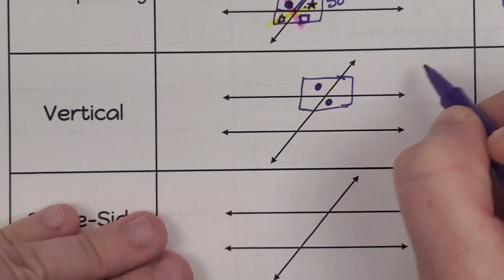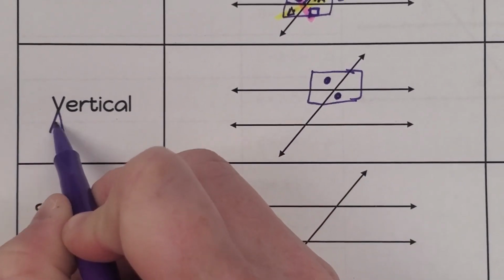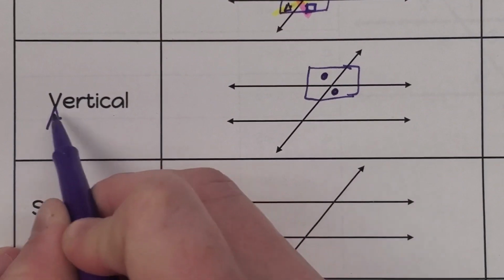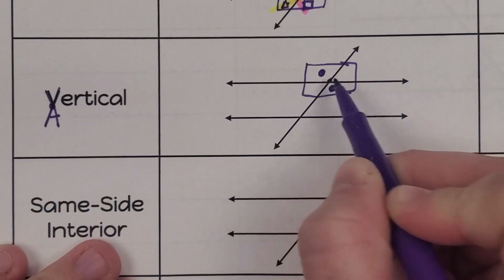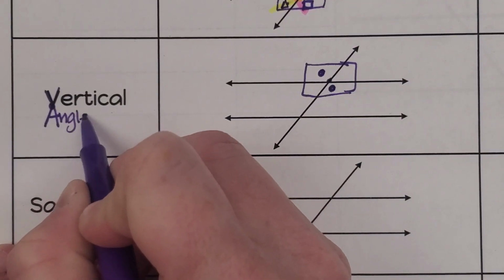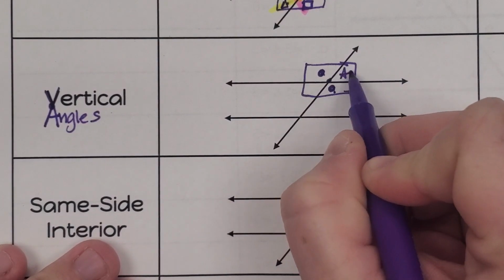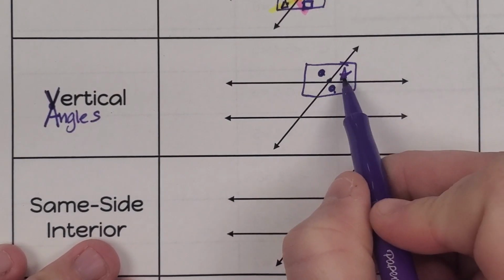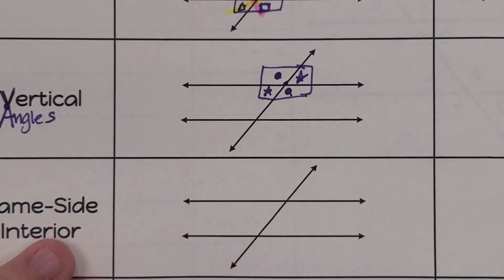Whenever we talk about vertical angles, the way that I like to write it is with the A right underneath the V to show that they would have the two different angles that are connected by this vertex point. So vertical angles are the ones that are completely opposite of each other. If I named a vertical angle, it would be this one and then this one right across from it.